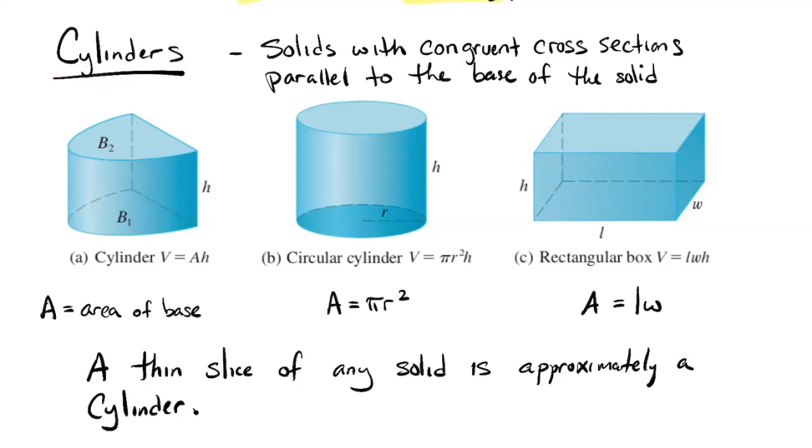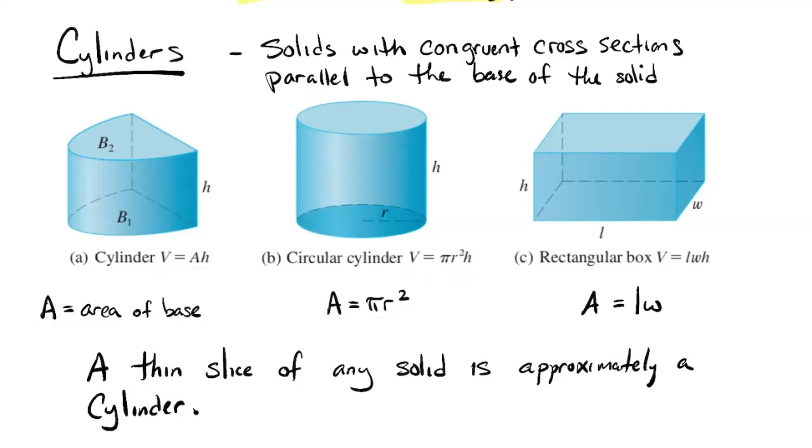Okay, and the big point is that to calculate the volume of a cylinder, you take the area of the base and multiply it by the height of the cylinder. Here the area of the base is called A in this first picture, so the volume is A times H. If the base is a circle with radius r, its area is pi r squared, so the volume is that area times the height.